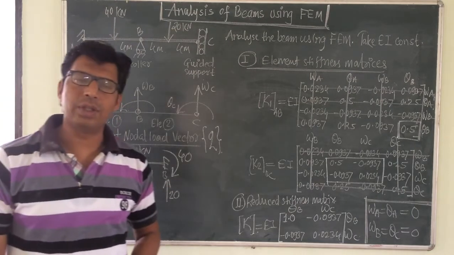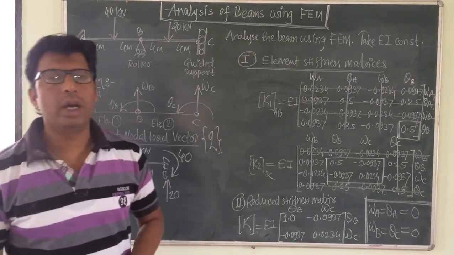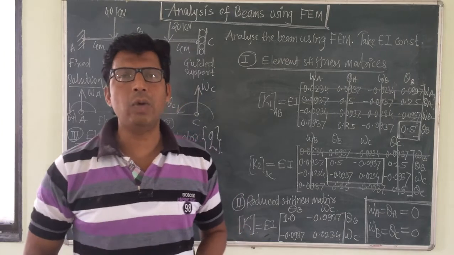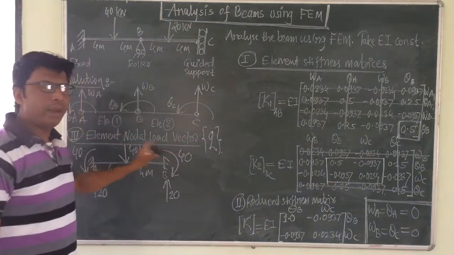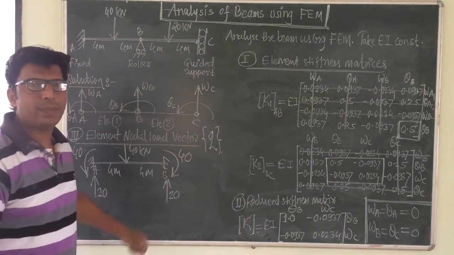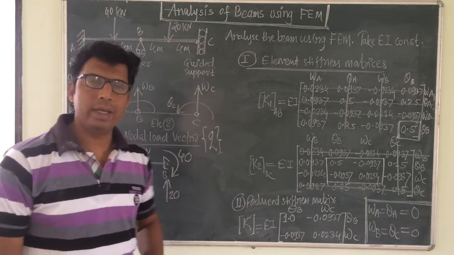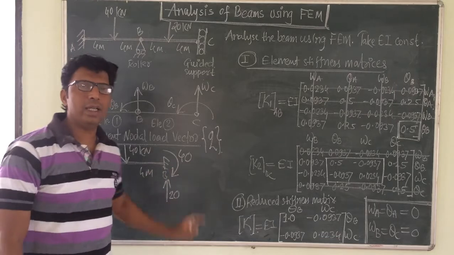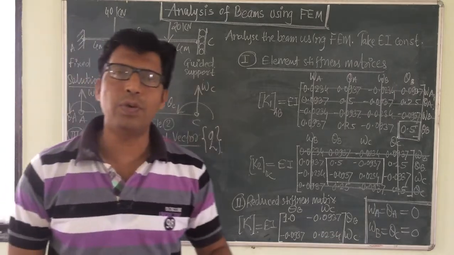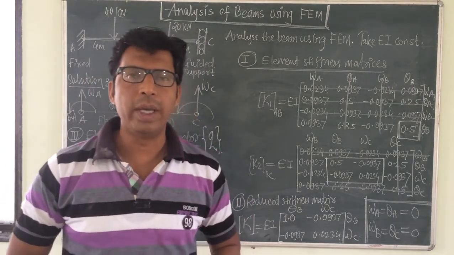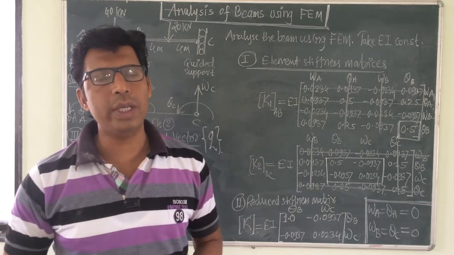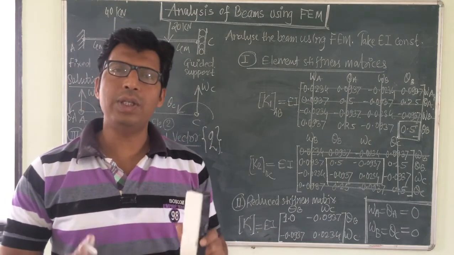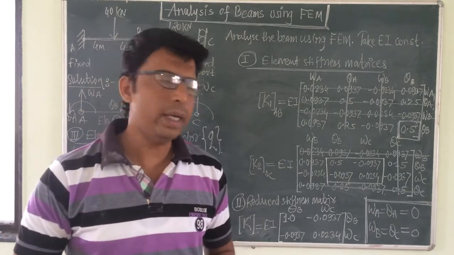These are the two reactions because of external load. Now reaction because of moments is equal to sum of moment divided by span. Left moment is plus 40, right moment is minus 40. So sum of moment plus 40 minus 40 is equal to 0. If sum of moment is equal to 0, there is no reaction because of moments. So the first element figure is over, right?